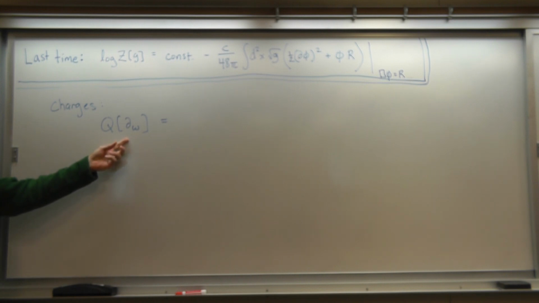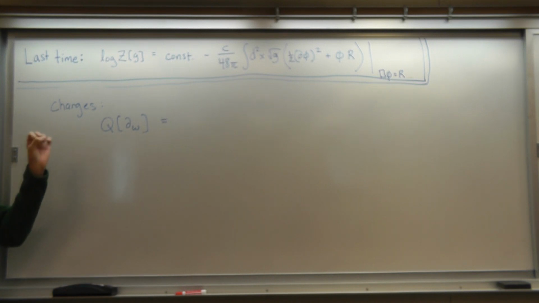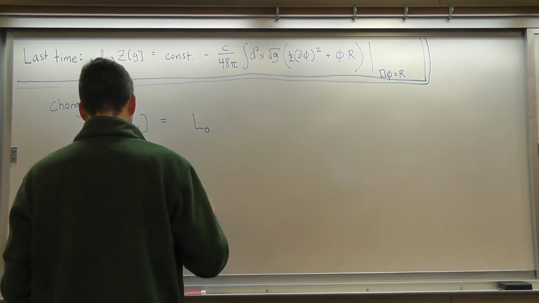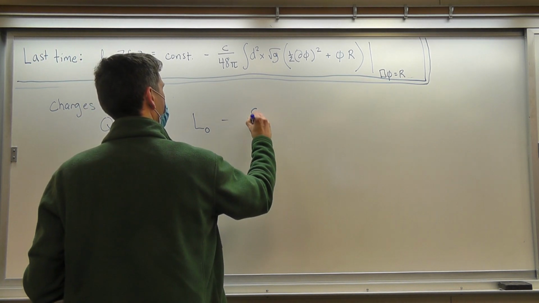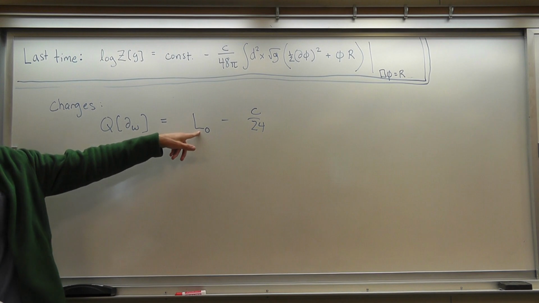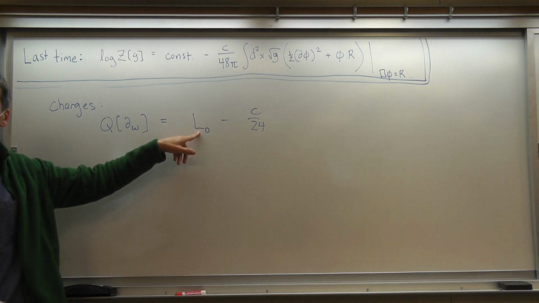And we said that T is non-zero in vacuum on the cylinder, which means that you're going to get a shift as compared to L0, the Virasoro generator, which was defined to be this conformal generator on the plane, the integral of T on the plane.